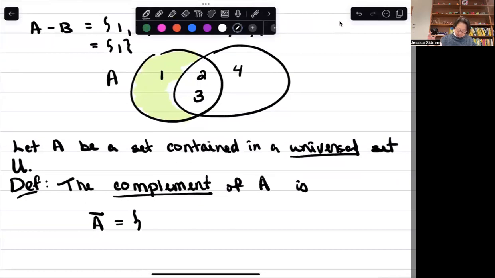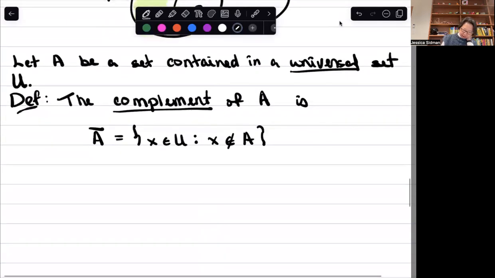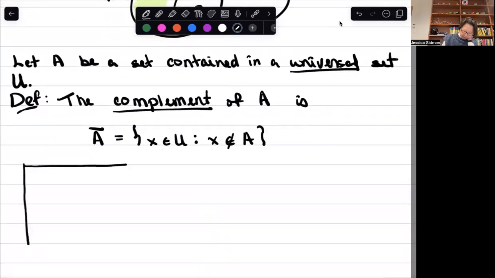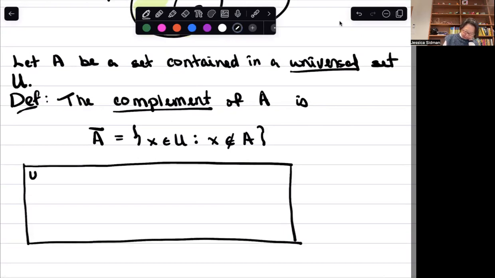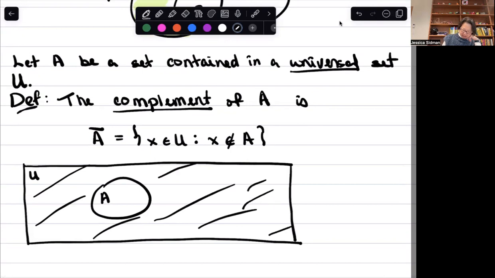And in set builder notation, it's the elements that are in our universe such that they are not in the set A. Okay, so here, the way I would draw this, I think of my universe of all possible elements as being U, this big box, and inside U, I have my set A, and the complement of A in U is all the stuff outside of A, the elements of U that are not in A.